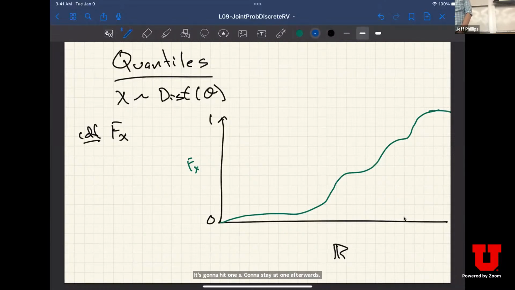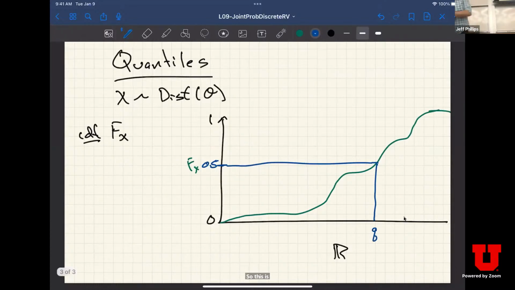What the quantiles are: if I take values along this y-axis, and I draw them over and come down, this value here is the 0.5 quantile.